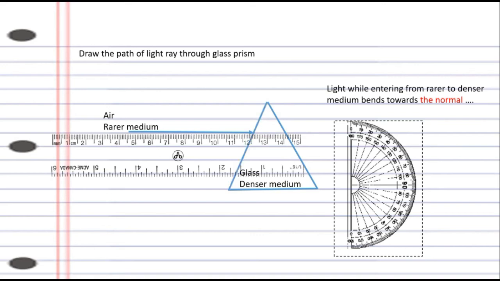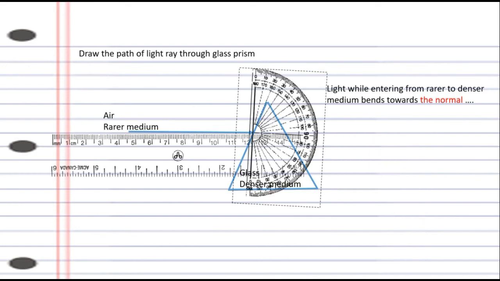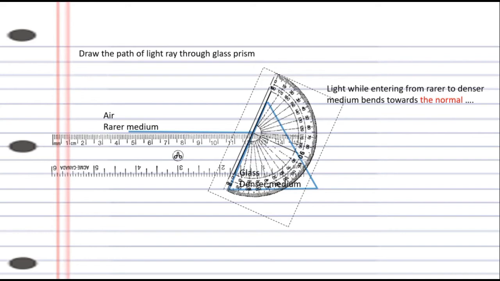And how are we going to keep the protractor on that? Are we keeping like this? If we keep like this, it's wrong. So we have to keep our protractor properly in this way how it is shown on your screen, and then draw or fix a point at 90 degree, because normal means it's a right angle drawn to the plane of the prism.